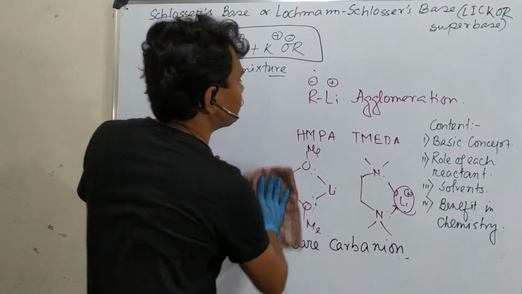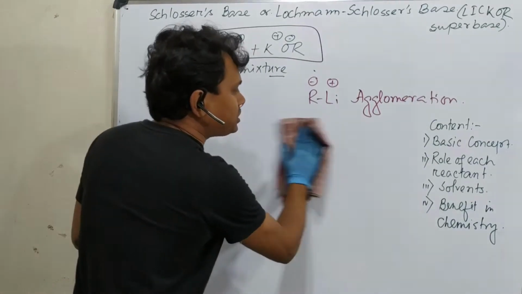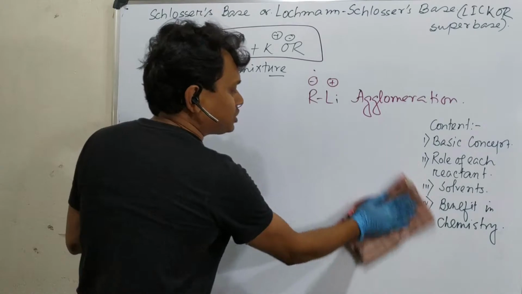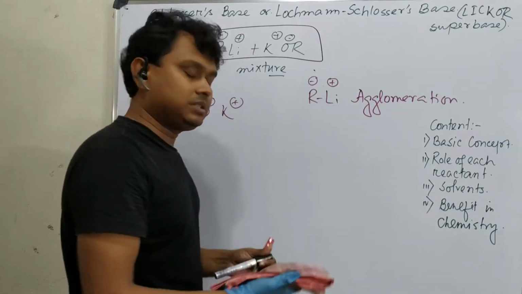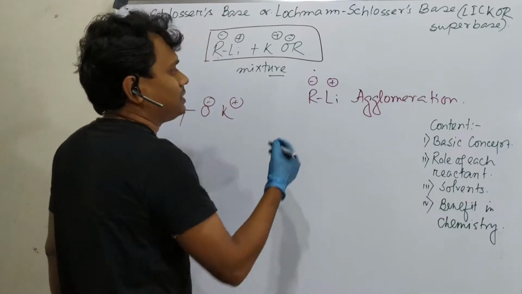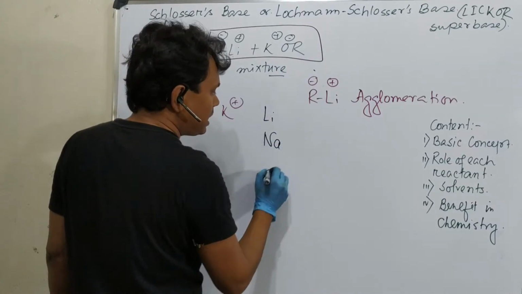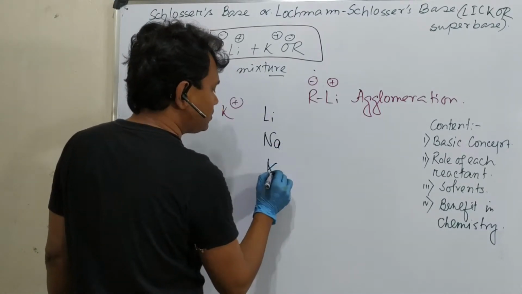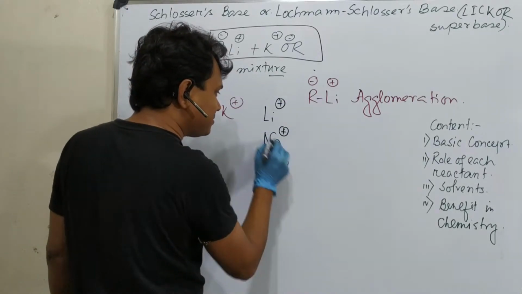How? If you check the butyl lithium agglomeration, why is it agglomerated? Because in this way it gets stabilization. And if you compare lithium, sodium and potassium in the periodic table, the size increases.